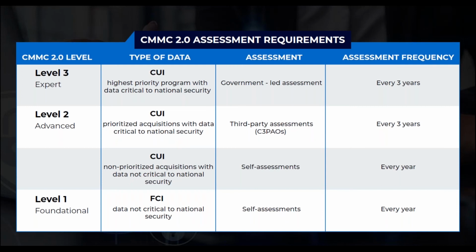Level 2 can be done by C3PAOs every 3 years, with self-assessment every year, and there you can even have companies like ours who can help with the self-assessment. Level 1 means data not critical at all for national security. Level 2, advanced, has to be done by a C3PAO, for prioritized acquisitions with data critical to national security.